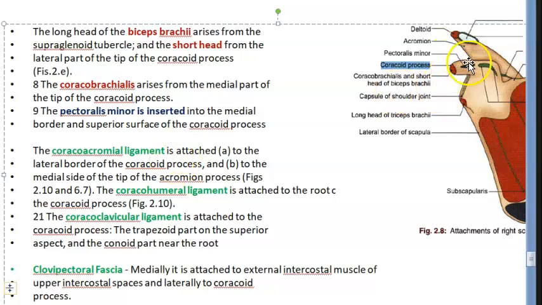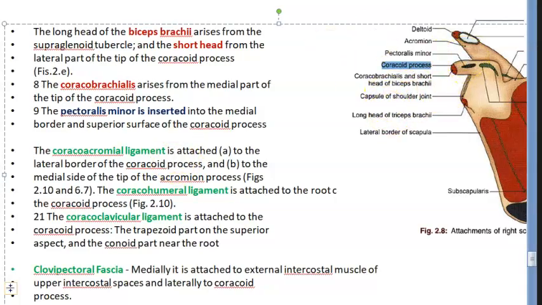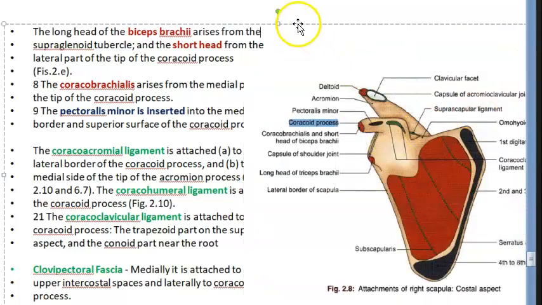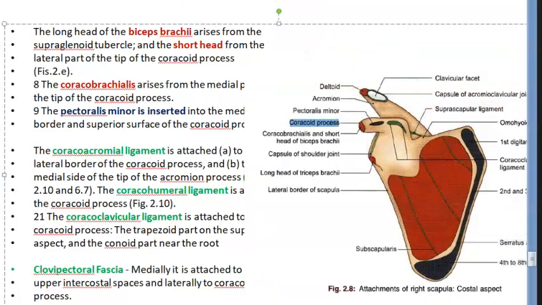Look at this diagram here. From the coracoid process to the acromion, you have the coracoacromial ligament.